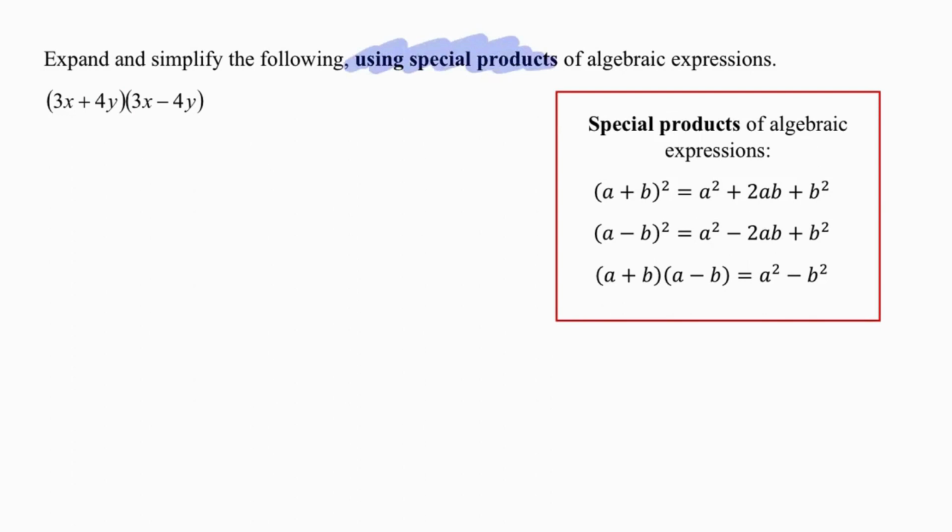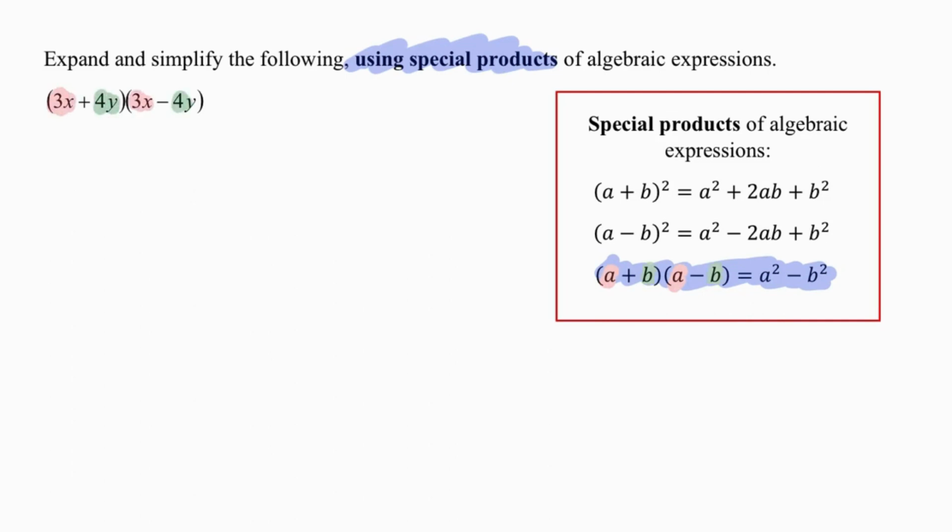We of course have to choose the correct special product. Okay, so we are going to use this because I see the special product in this form, meaning I saw (a plus b)(a minus b). 3x is my a, 4y is actually my b.